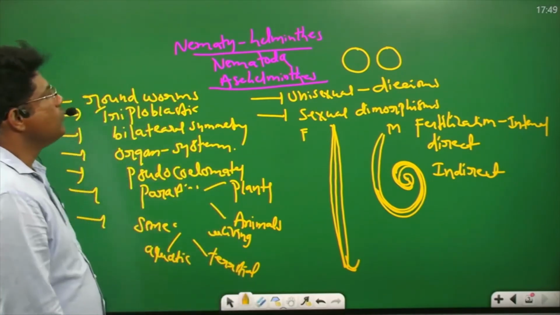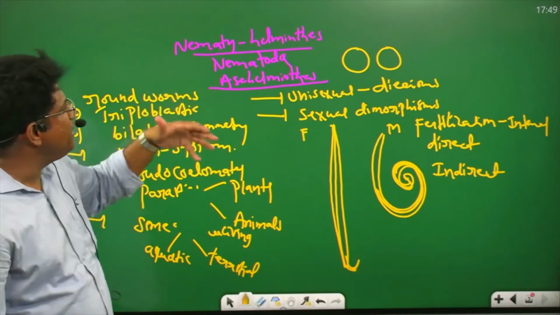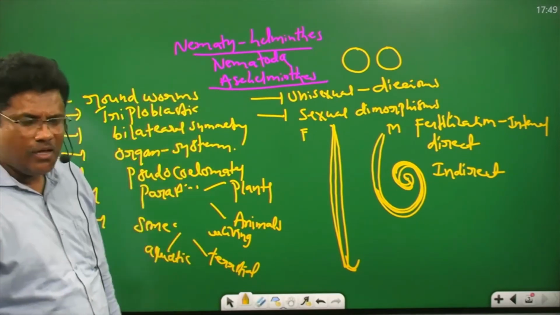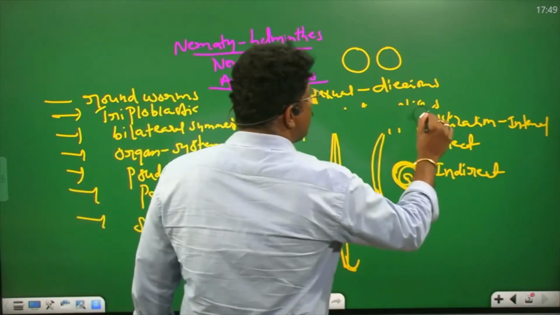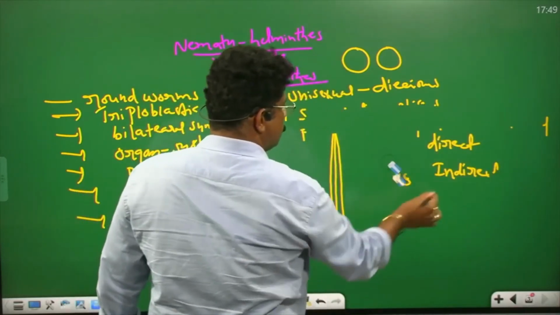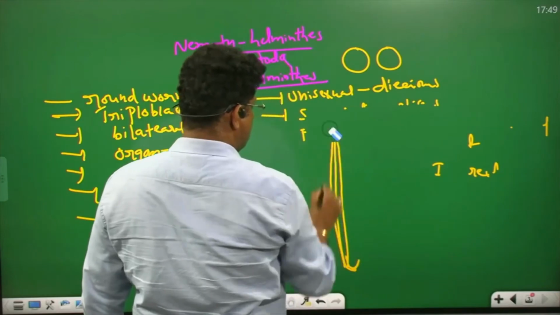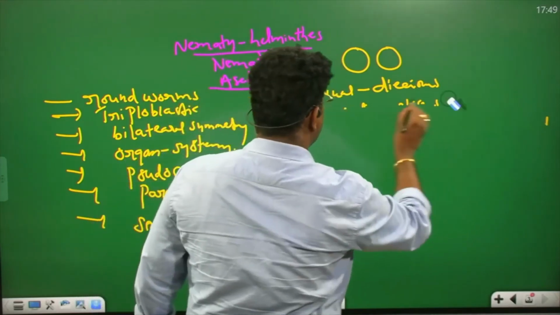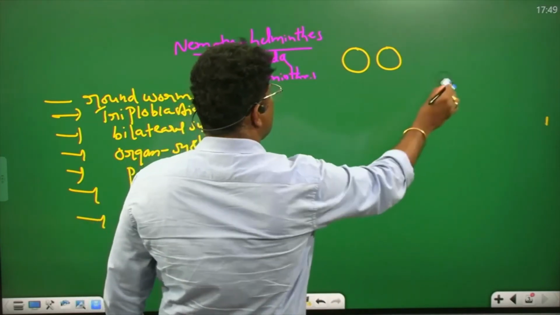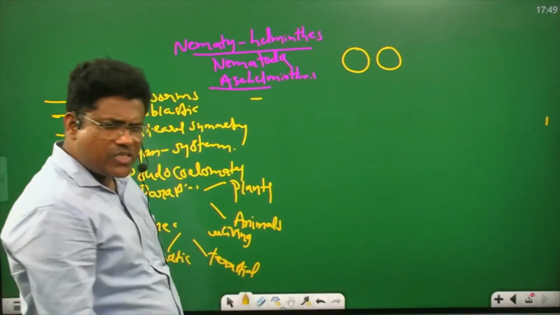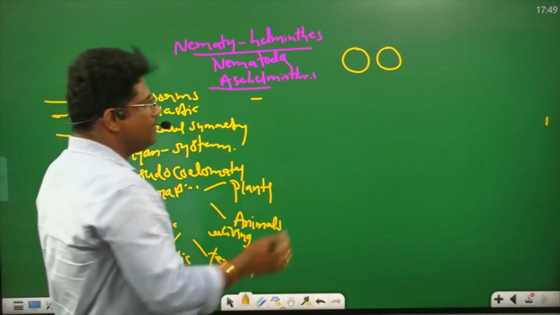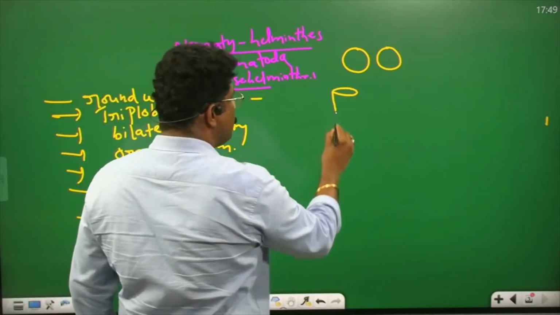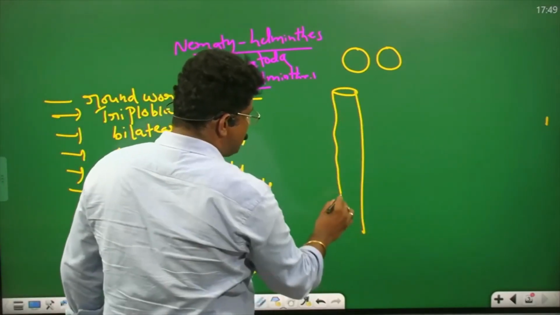So first time in the nematoda, nematohelminthes, a complete gut is formed. Gut means alimentary canal, mouth with anus.